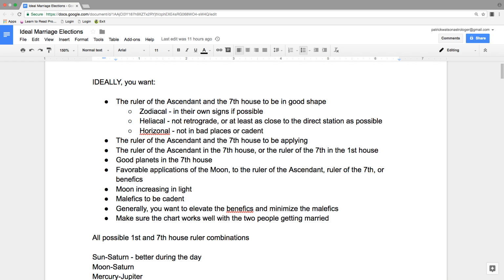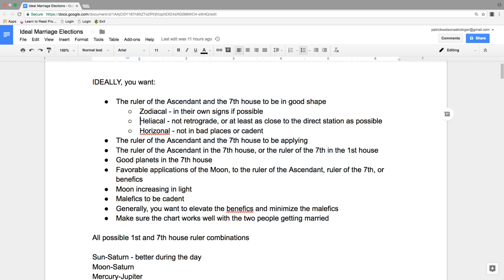But basically, you want to make sure that the ruler of the ascendant is in good shape. So that means in its own sign, if possible. At least not in the sign of its fall. I don't think that a planet being in detriment or anti-domicile is actually that bad, but I do try to avoid signs being the sign of their fall.